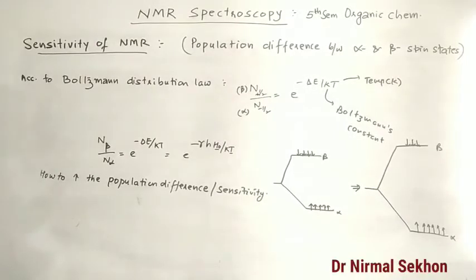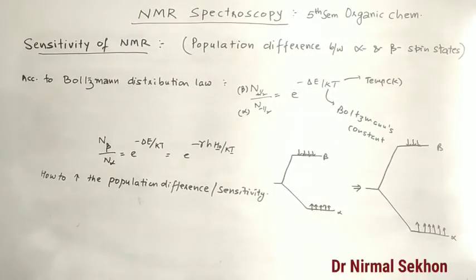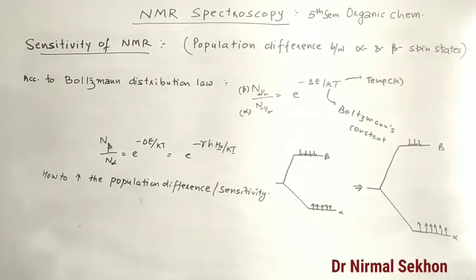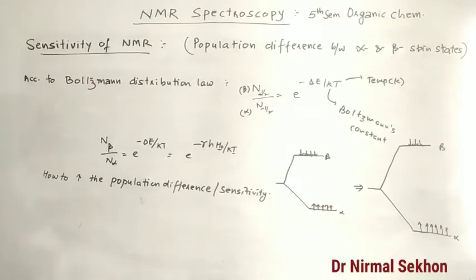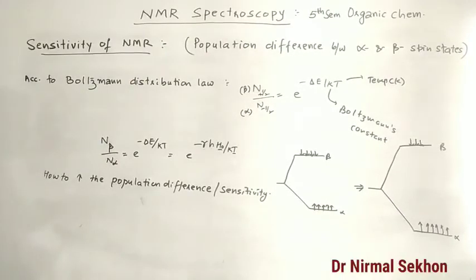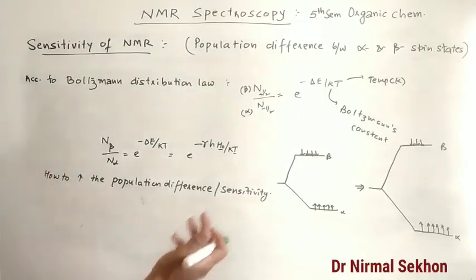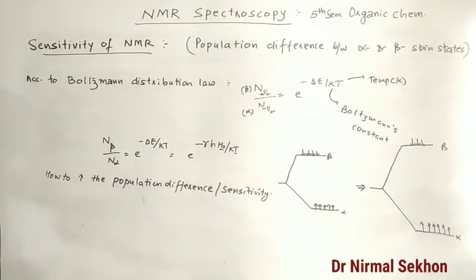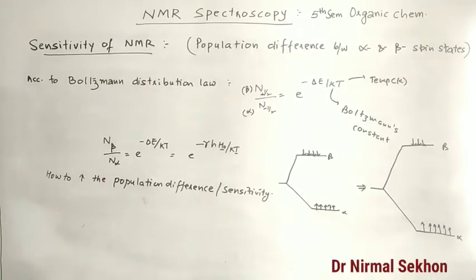That means no energy will be observed, because a signal will appear only when flipping takes place. When a nucleus goes from alpha to beta state, only then will the signal appear in the NMR spectrum. If there is no signal, it means there is no energy absorbed, and this flipping takes place by the absorption of energy, that is a radio wave.